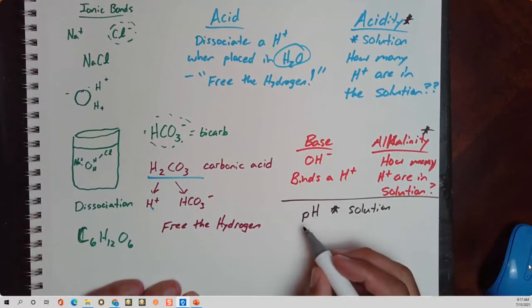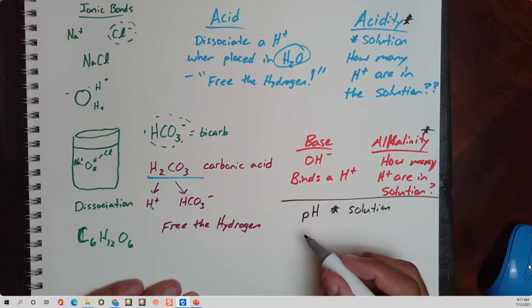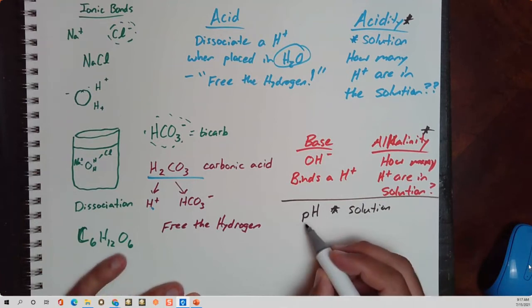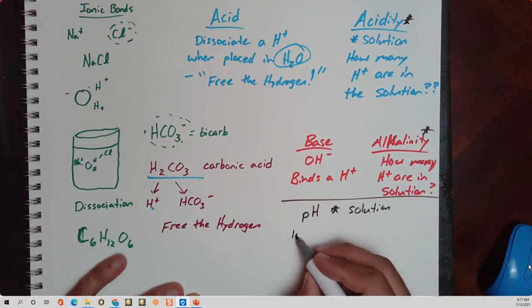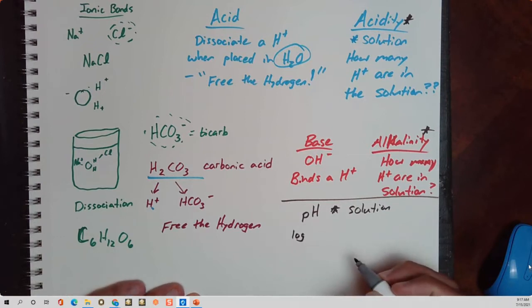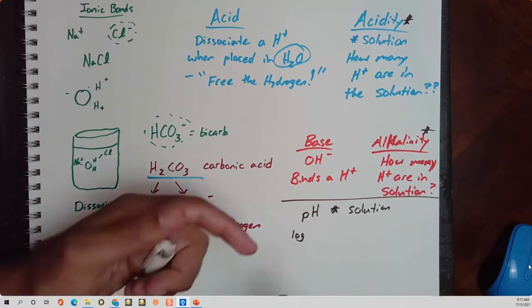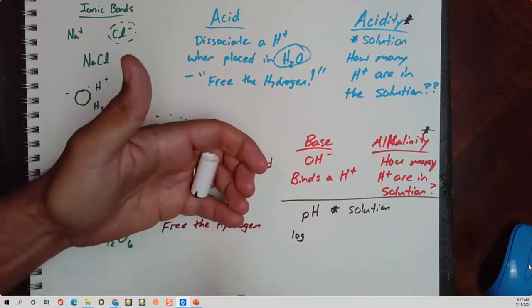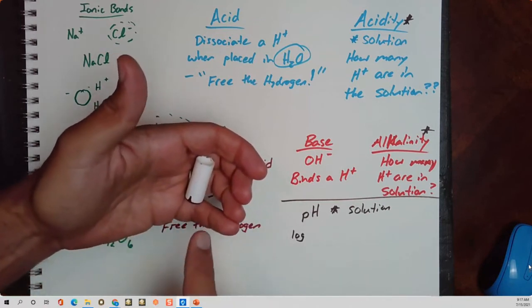The P, guys, I'm just doing this to help you understand this a little bit better. P has to do with the log. It's a log value. Anybody remember that from high school? Not what a log even is, but do you remember pressing that log button on your calculator over and over?